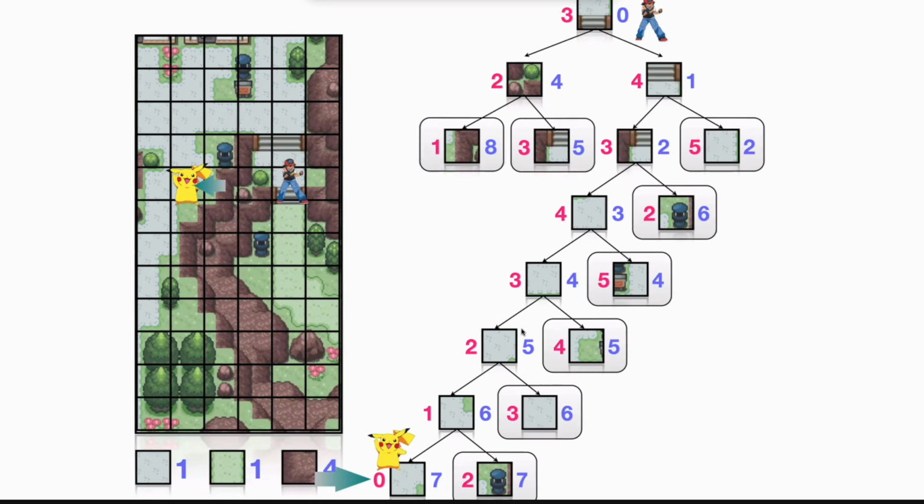But then we came back and looked at this other selection. One thing that's really important about what we've seen here, and we'll talk about that in more detail in a minute, is that no node that we've looked at has an F value higher than 7. And the cost of the true path has a value of 7.